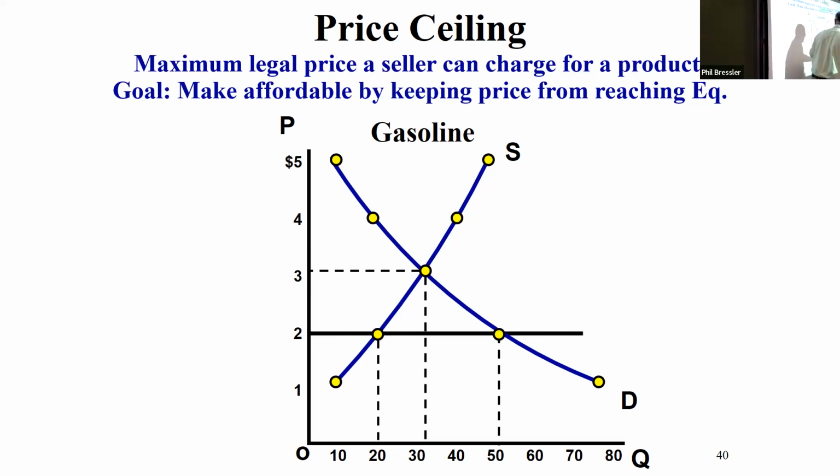I'm demanding 50, I only have 20. 50 minus 20, my shortage is 30. If the ceiling is above, what's going to happen to price and equilibrium? It's going to stay, right? So if the ceiling was at 4, it's non-binding. It's just like it's not there. Almost erase it, okay?